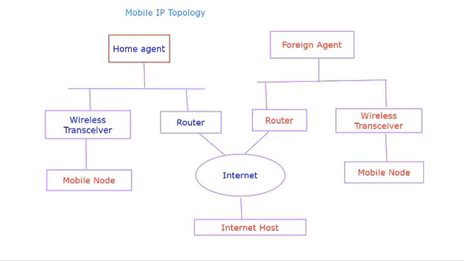If the mobile node is on its home network, the datagram is delivered through the normal IP process to the mobile node. Otherwise, the home agent picks up the datagram. If the mobile node is on a foreign network, the home agent forwards the datagram to the foreign agent.